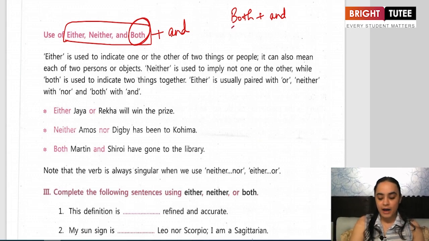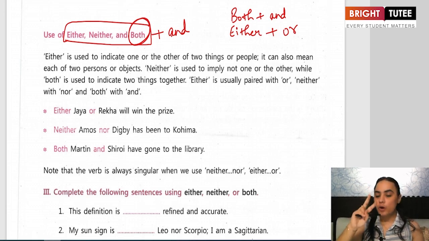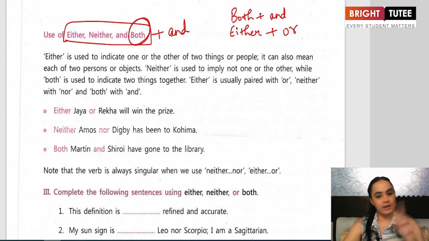Then we have either. With either, we will use or. There is a choice. There are two options given to you and you have to choose one of them. Either tea or coffee. Okay, so either I will have tea or I will have coffee. I will not have both of them together.